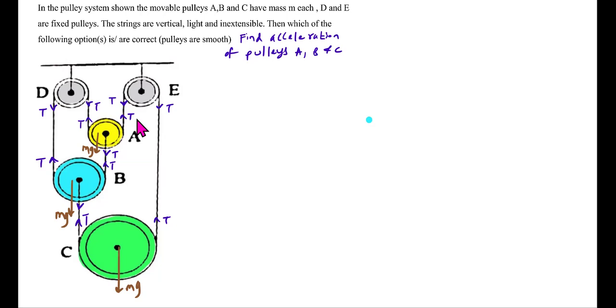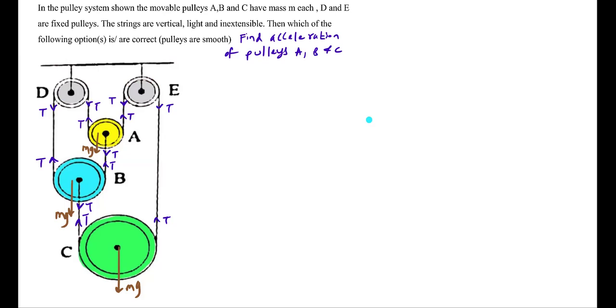Now it's justified. So how come the same T is 2T? The 2T can be balanced by T and mg. If pulleys are massless, then they will have free fall acceleration. Pulleys are having mass.